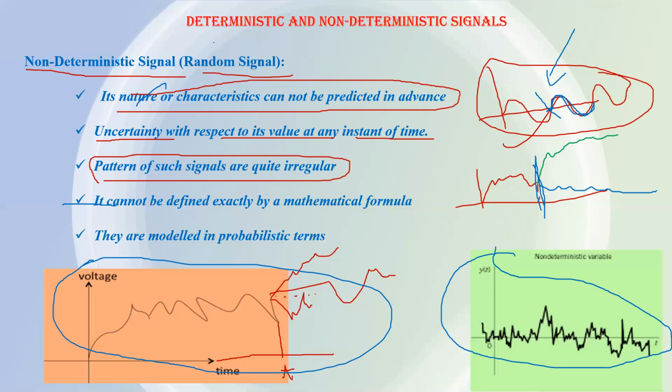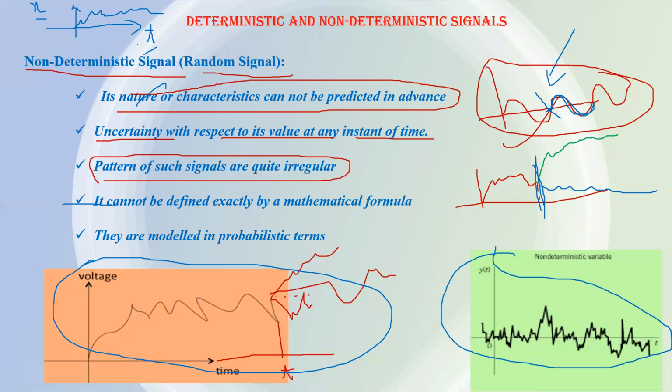What will be the mathematical equation of this signal? You cannot write the mathematical equation of this signal. If this is a physical quantity x and this is t, then what is the relation between x and t?